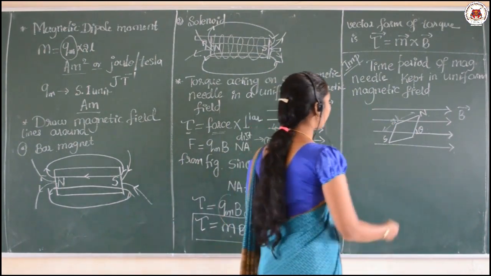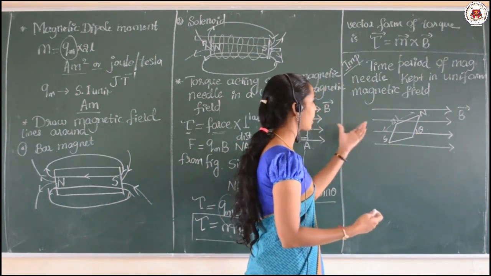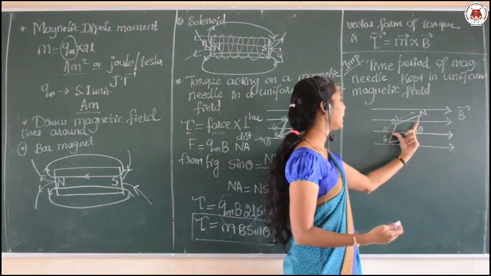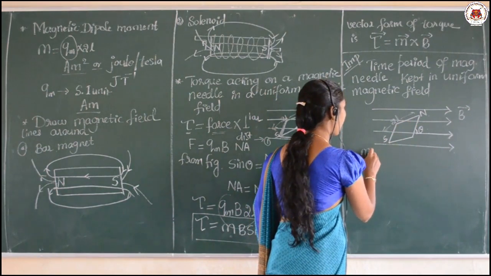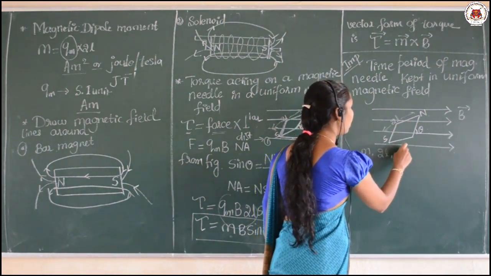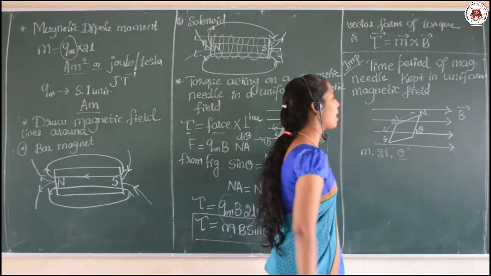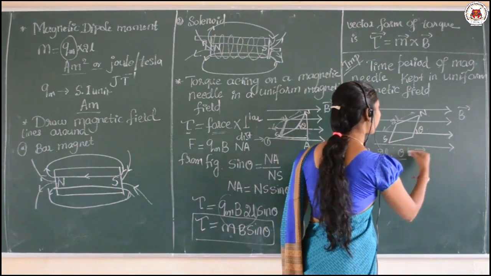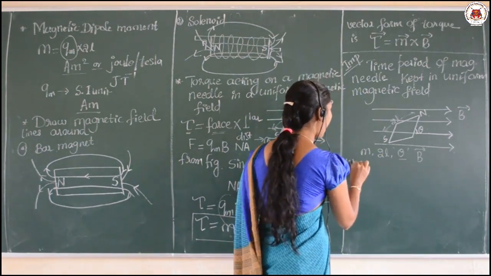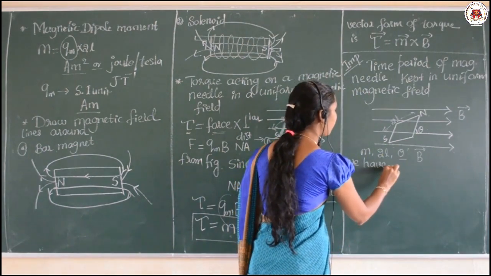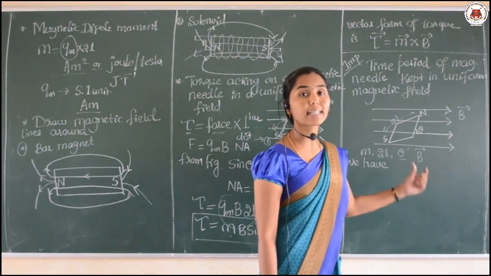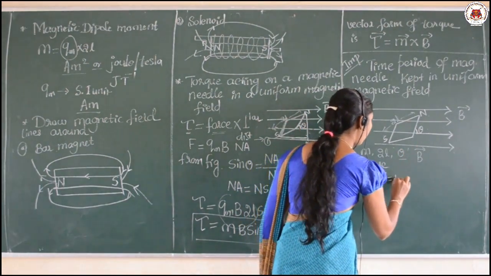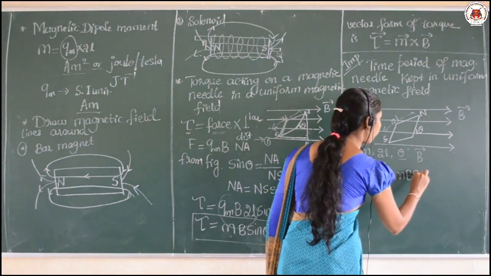Consider a magnetic needle of pole strength m and distance 2L, which makes a small angle theta with the direction of the magnetic field B. Then we got the formula of the torque acting on the magnetic needle, that is tau is equal to mB sin theta.